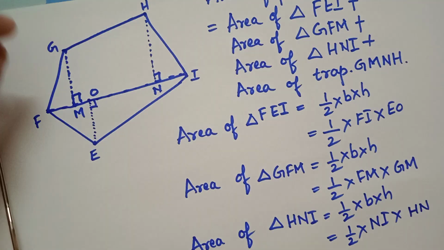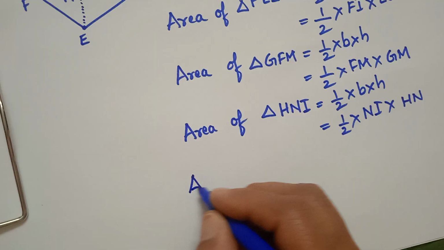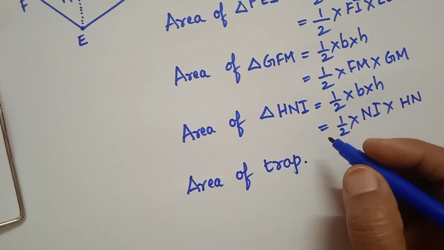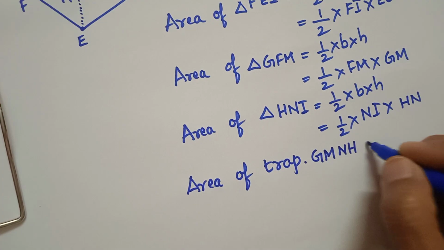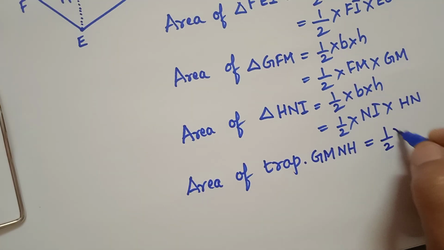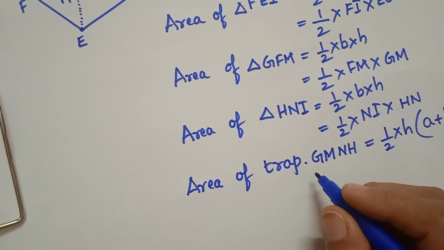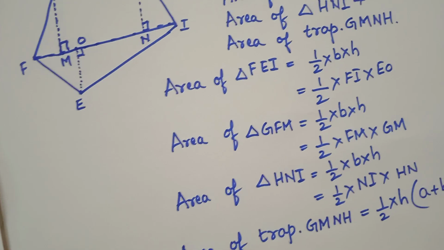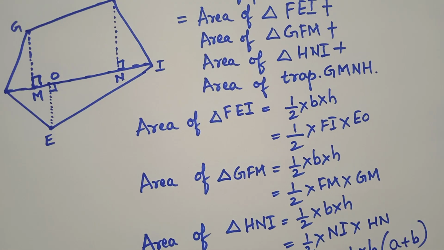Understood? Next is the area of this trapezium now. Area of trapezium GMNH. It is nothing but half into height into A plus B, the formula for finding the area of a trapezium, where A and B are the parallel sides.